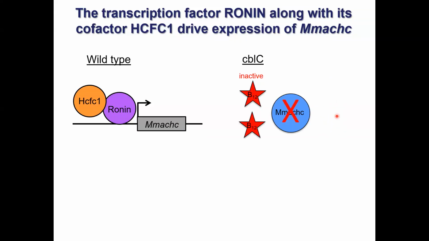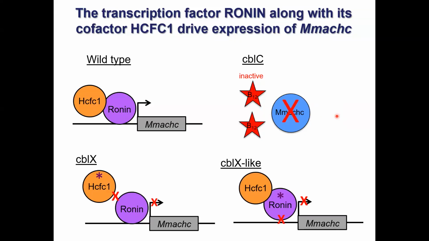Now in these new patients that have cobalamin deficiency but not mutations in Mmachc, they have mutations in either the transcription factor that drives the expression of this gene, or its cofactor, which is also required to drive the expression of this gene. So basically what happens in these other patients is that you fail to properly express Mmachc, so you still don't have the functioning enzyme to make this conversion.